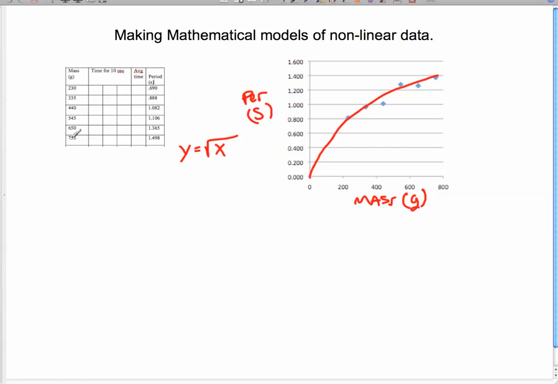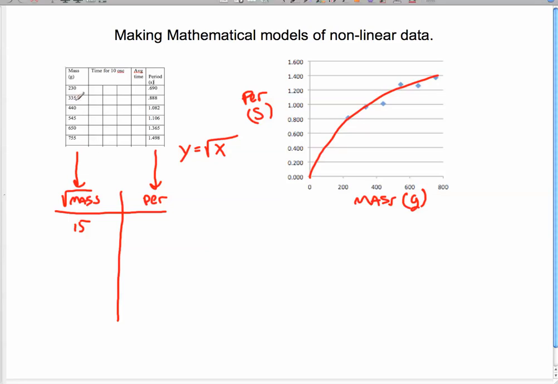And so the process of linearization goes like this. We're going to make a new chart. Instead of plain mass here, we're going to make a graph of square root of mass and period. So I'm going to get my calculator out and take the square root of 230. I'm going to get 15 rounded.